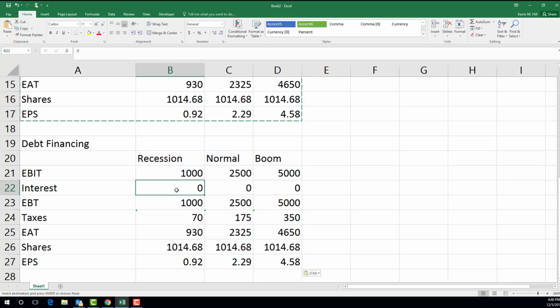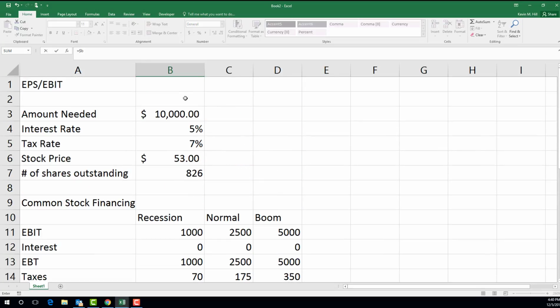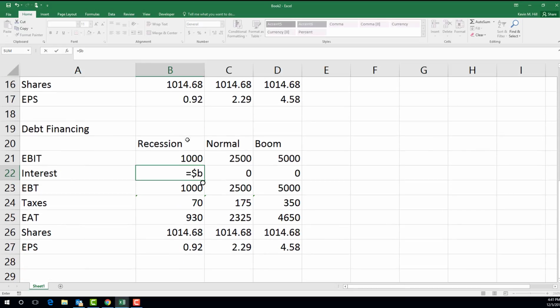So the amount of interest we're going to spend is going to be the amount of money we're going to borrow times the interest rate. So I'm going to go equals $B$3 times $B$4.